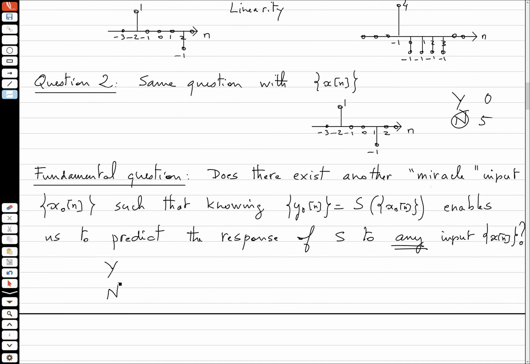So here I would like to promote my new religion, which is the miracle input religion. Okay. Who believes in the miracle input? So these are the followers of my religion. Who is what you call skeptic?